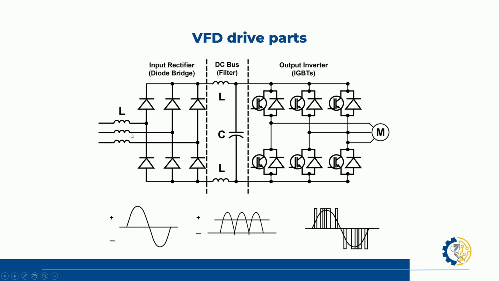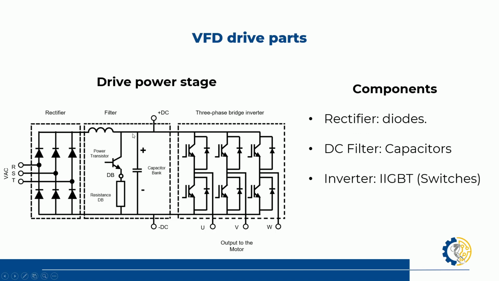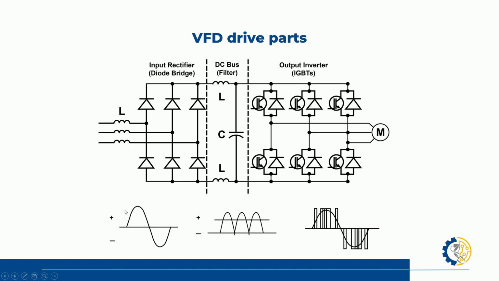Yes, we have to convert it to DC. Now, how do we do that? Thanks to diodes, we are only telling it what our frequency is, for it to not go down.